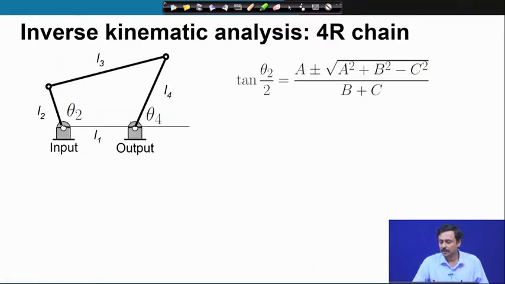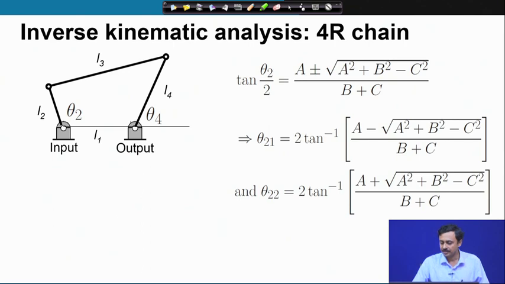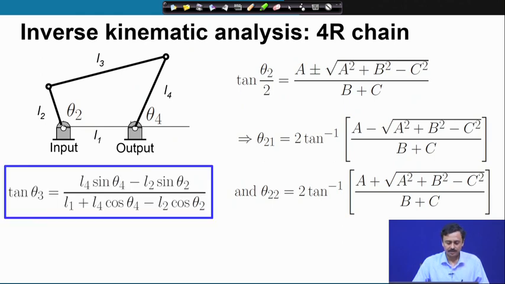So, let us look at the solution formally. So, tan theta 2 by 2 is given by this expression in terms of A, B and C, where A, B and C are completely known because theta 4 is specified. So, we have to find out theta 2, and this is done by taking the tangent inverse. Once I have theta 2, I can solve for theta 3.